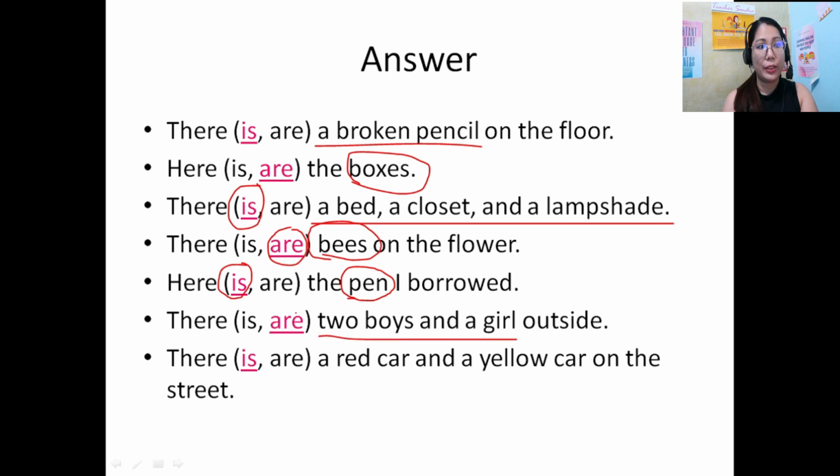Two boys and a girl, and two boys is the closest to the verb. Two boys, plural, use are. There is a red car and a yellow car on the street. Again in the series, the first subject here is a red car, singular, so you have to use is.